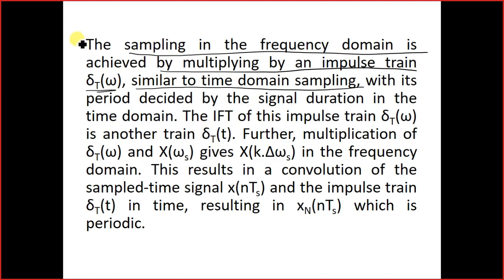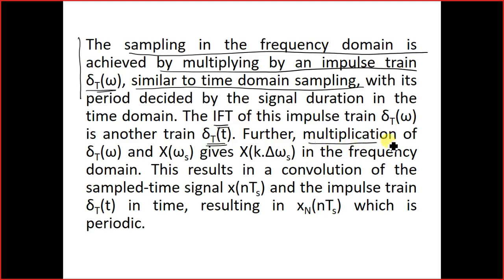The main essence is we are sampling the frequency domain component by multiplying it with an impulse train in the frequency domain. The inverse Fourier transform of this impulse train is another impulse train, delta t.